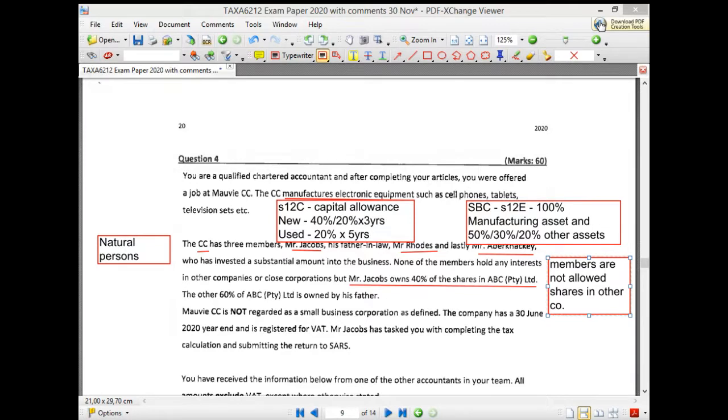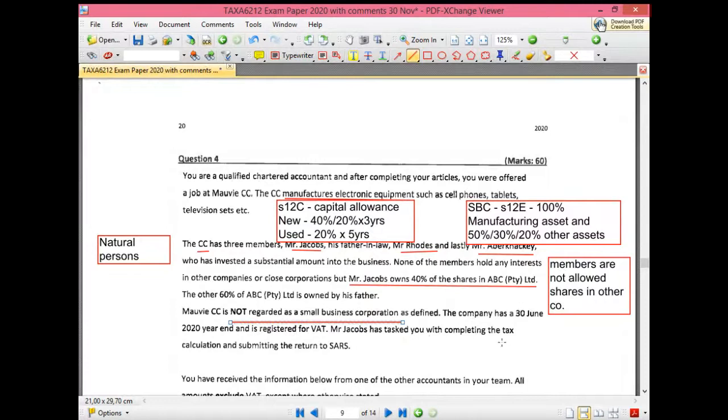That is how you have to read it. They tell you he is currently not regarded as a small business corporation, so currently we apply the normal 28%.